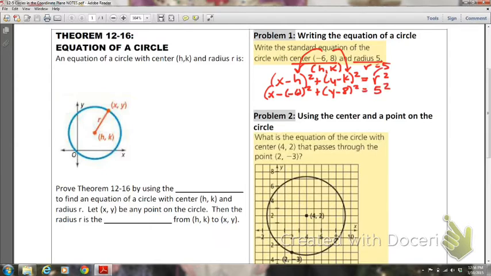So just simplify that. So in parentheses here we have x plus 6, because the opposite of a negative is positive. Parentheses squared. The y minus 8 stays the same, equals 25. And that's as much as you can simplify it to get the equation of a circle in standard form.